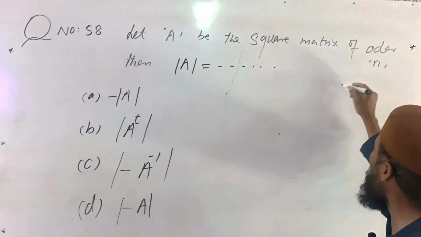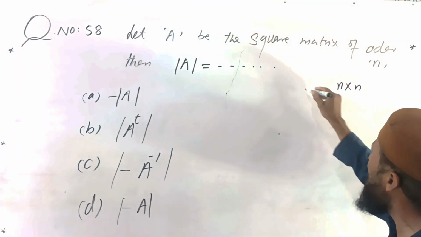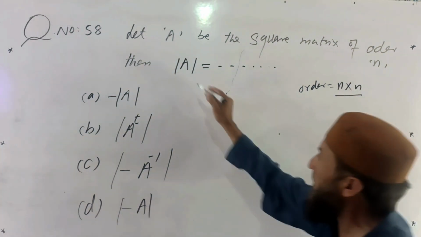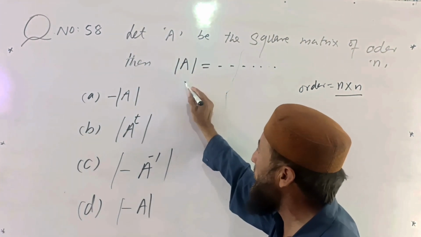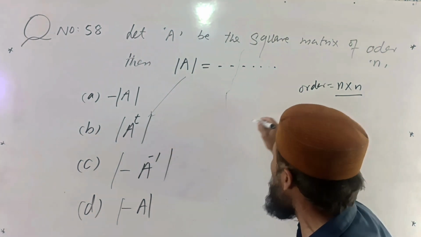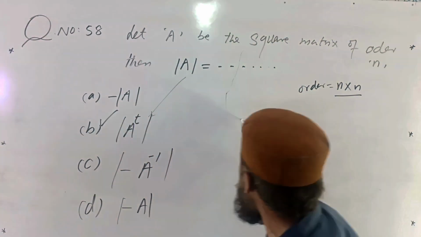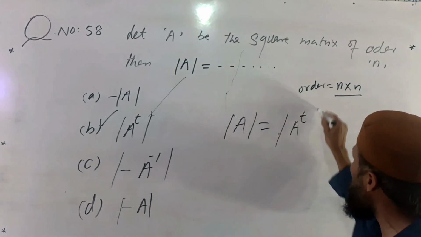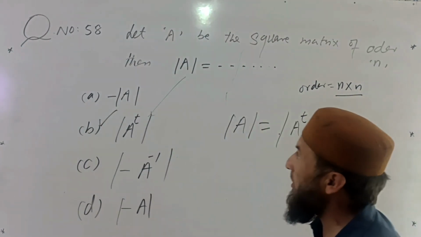Order n means here n cross n order. So the determinant of A is equal to the determinant of A transpose. We can write this as a property: A determinant is equal to A transpose determinant. So the correct answer is B.